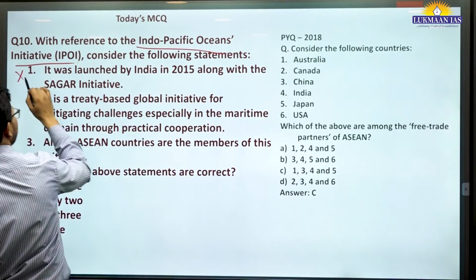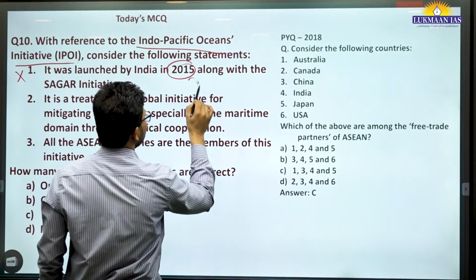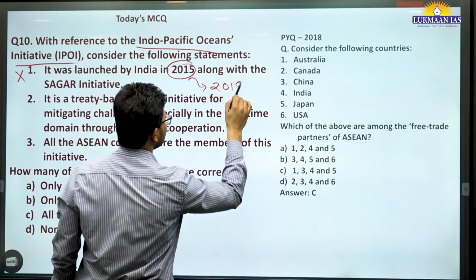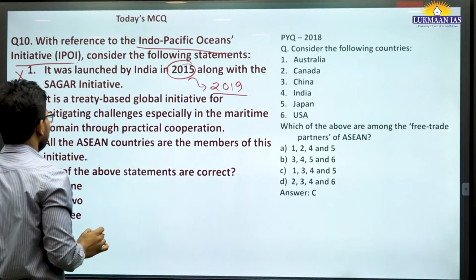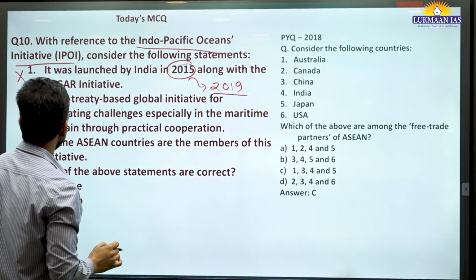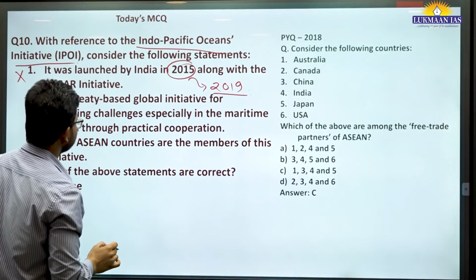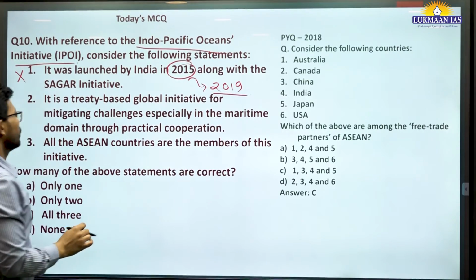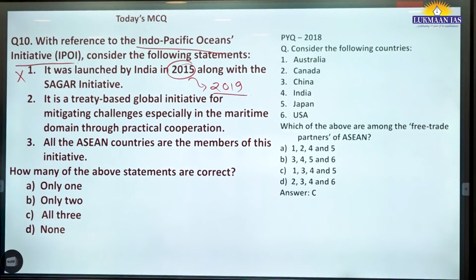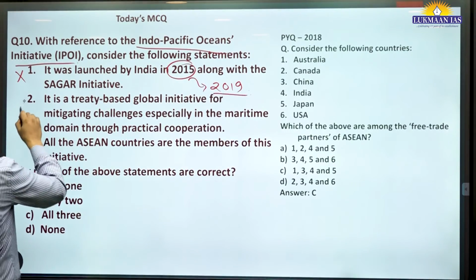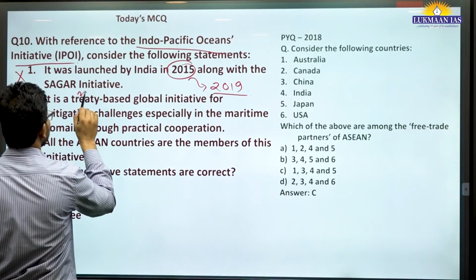This statement is wrong because this initiative was launched by India in 2019. Number 2, it is a treaty-based initiative for mitigating challenges, especially in the maritime domain, through practical cooperation. This statement is also wrong, because this particular initiative is a non-treaty based global initiative. No treaty is needed.